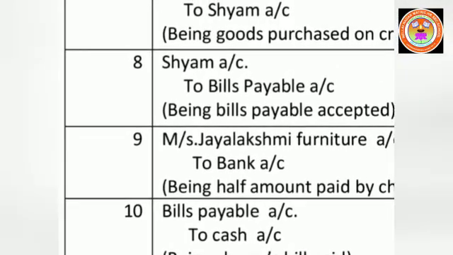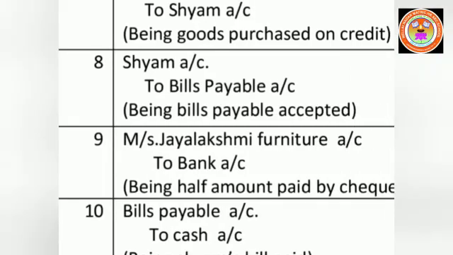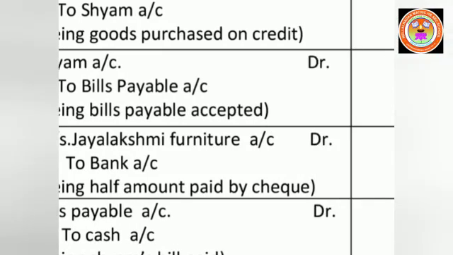Come to the journal entry, put date under date column. Who is the receiver of the cheque? Messrs. Jayalakshmi Furniture account. Messrs. Jayalakshmi Furniture will receive the cheque from you, from you means from Ramesh. So Messrs. Jayalakshmi Furniture account must be debited according to personal account rule.